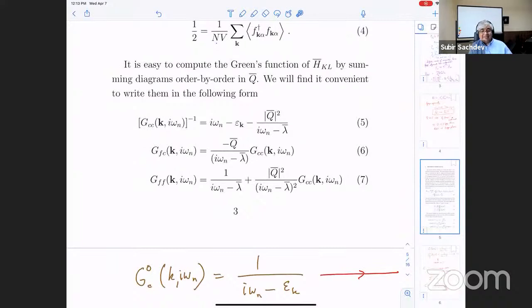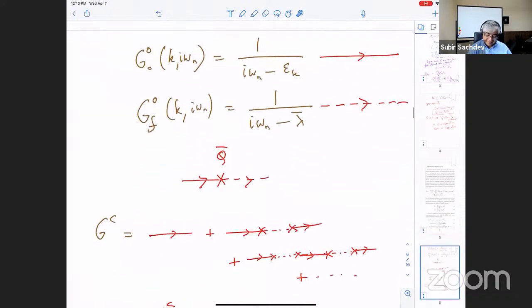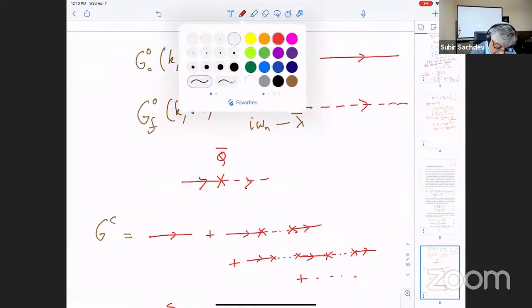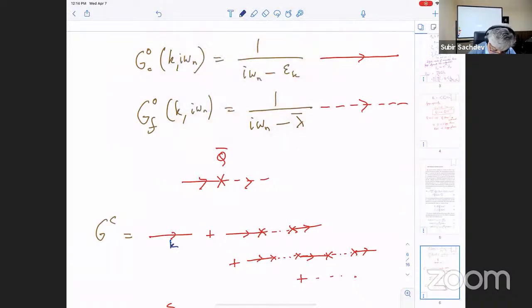And then you can use exactly the same trick, because the graphs here are all simple. All the graphs are just these lines, and every line carries the same momentum and frequency. So it's even simpler than the Kondo impurity problem, because every line has the same K and omega. There's no summation even. It's just a product.